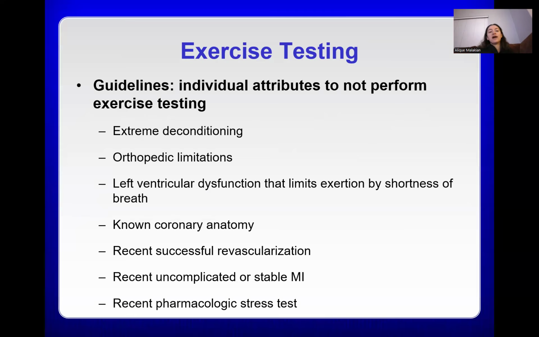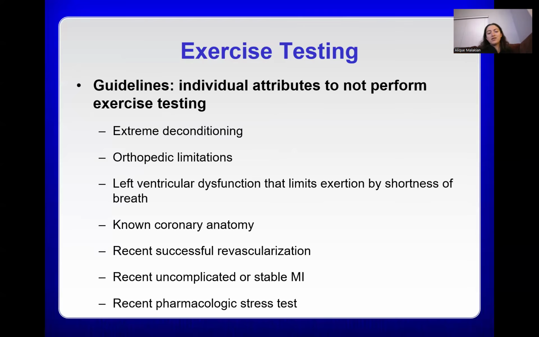The guidelines give these specific individual attributes to not perform an exercise test: extreme deconditioning, orthopedic limitations, left ventricular dysfunction that limits exertion by shortness of breath, known coronary anatomy, recent successful revascularization, recent uncomplicated or stable myocardial infarction, and a recent pharmacologic stress test.